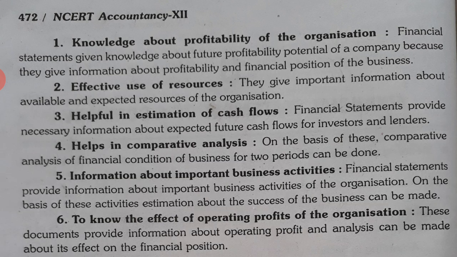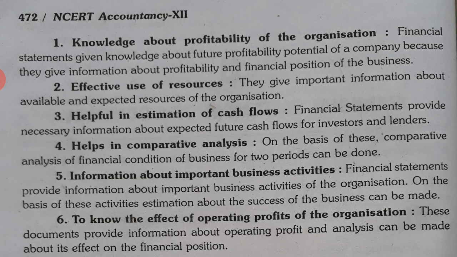Second, effective use of resources, whether the resources employed with the company are working efficiently and effectively or not. That can be measured through financial statements. Third is helpful in estimation of cash flows. Cash flow is the major part of any company.